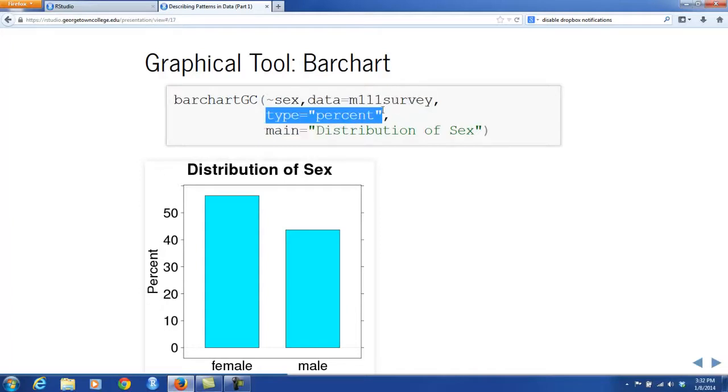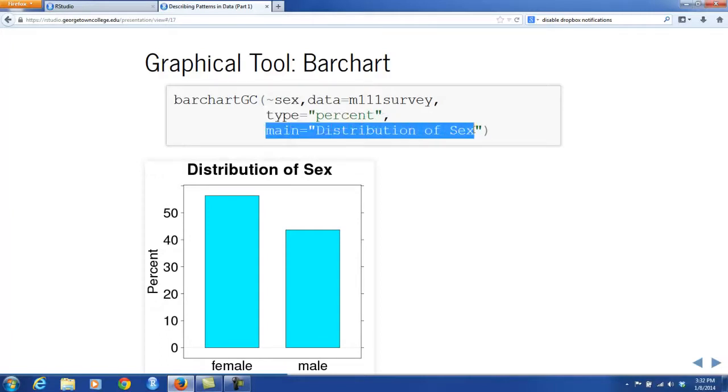There's the type, and we're going to look at percentages because we're interested in the distribution. And it's always a very good idea to include a title for your graphic, and titles are fixed by the argument main. And so this is the result of applying that function.